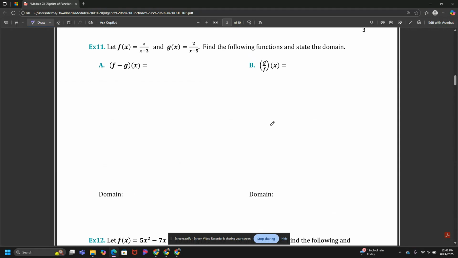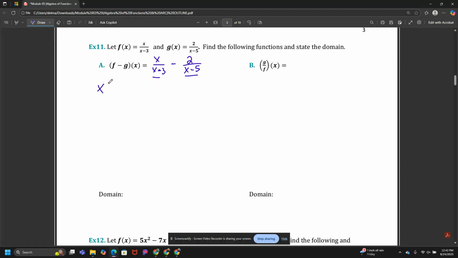Let's try us a couple more of these. So let's rewrite first. So this is going to be x minus 3, minus 2. Now remember, to subtract those fractions, we have to have a common denominator. The common denominator is going to be what these two are. What do I mean?